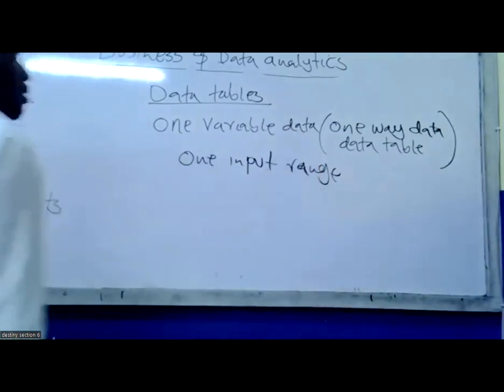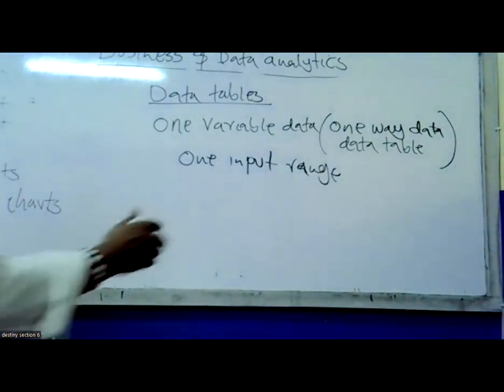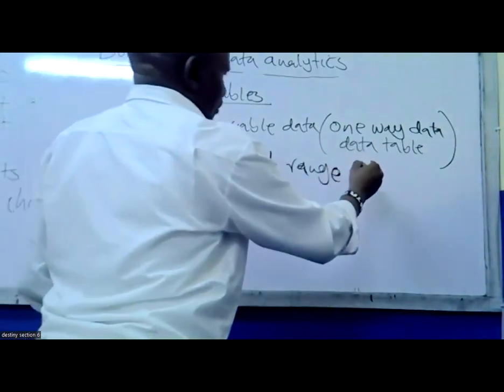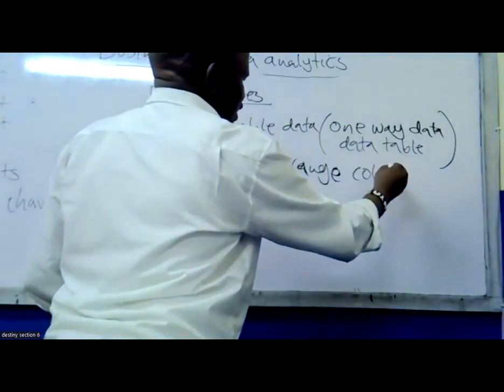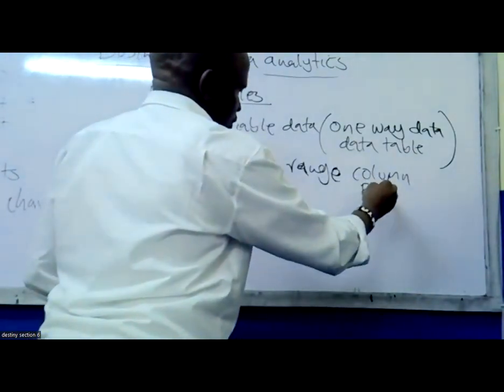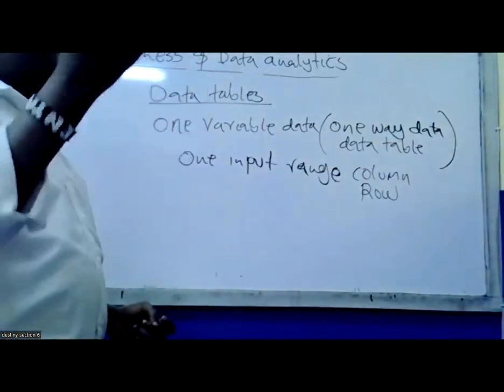Meaning what? This is one input range. It can be either the column or a row, provided it is one.